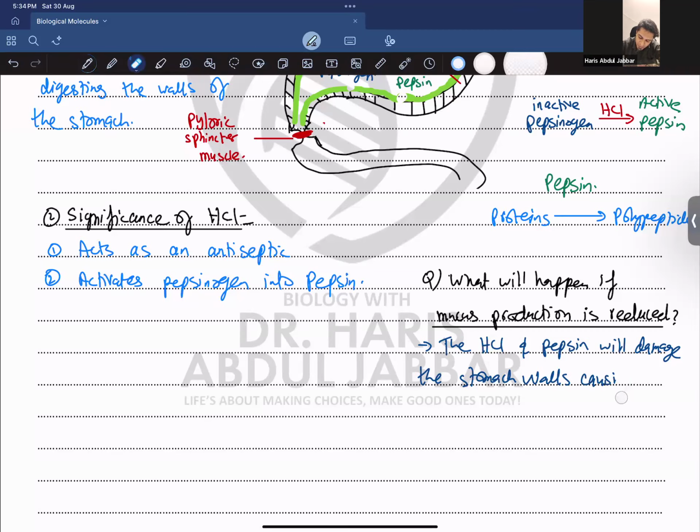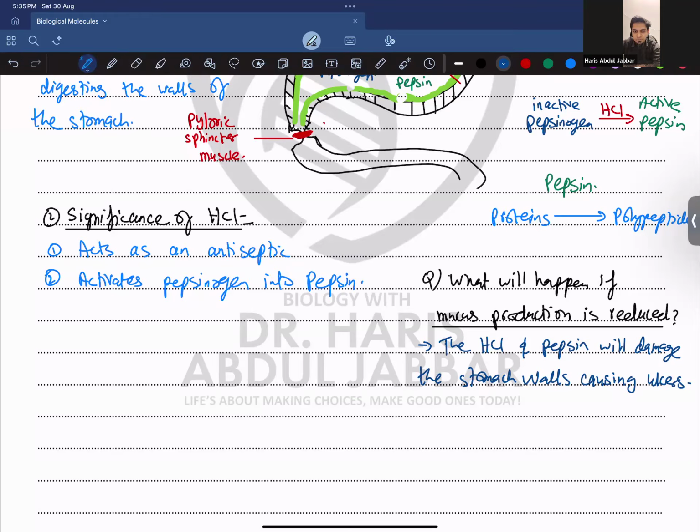Ulcers means sores. The stomach lining will be harmed; it's going to be burned. Absolutely. Okay, all right, good enough.